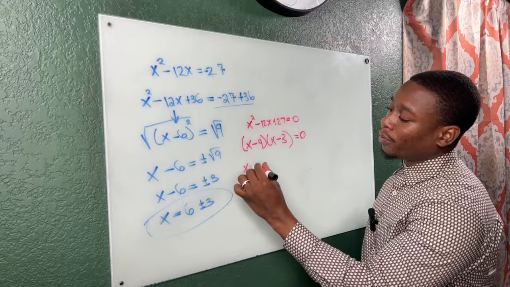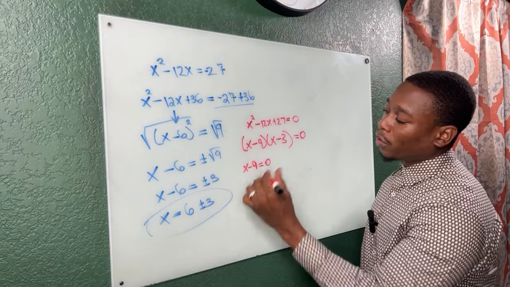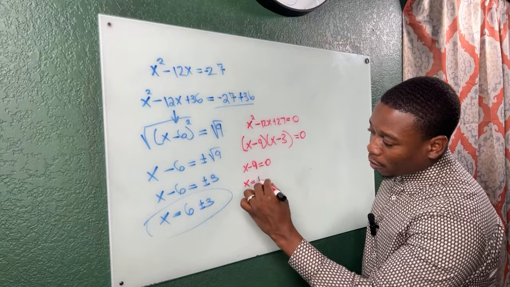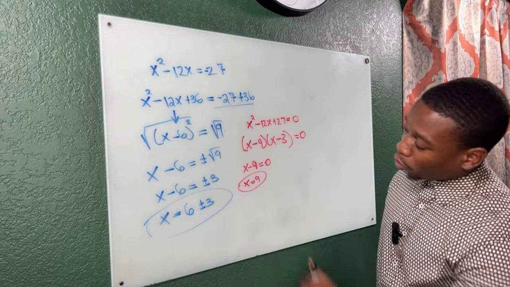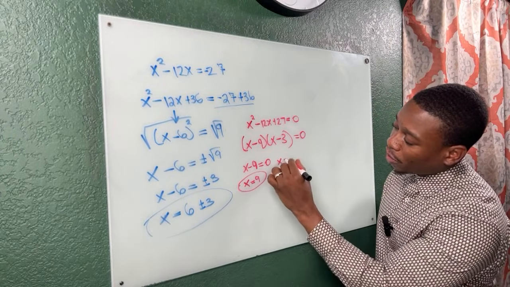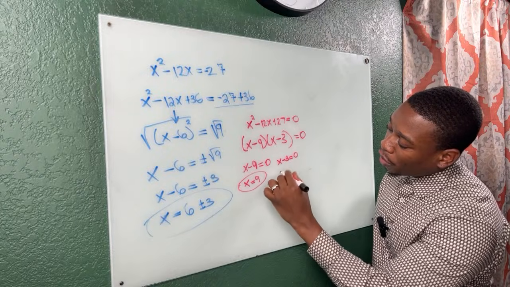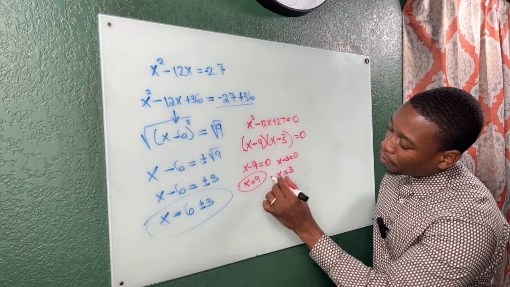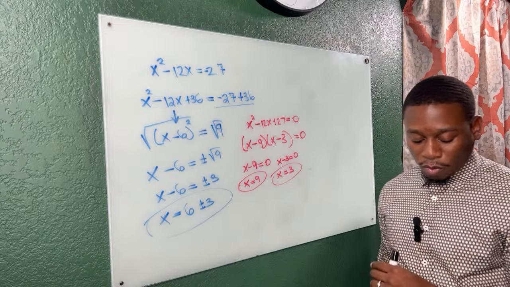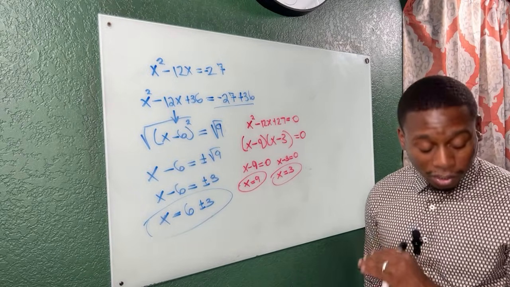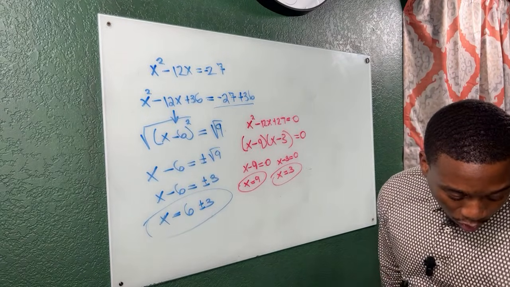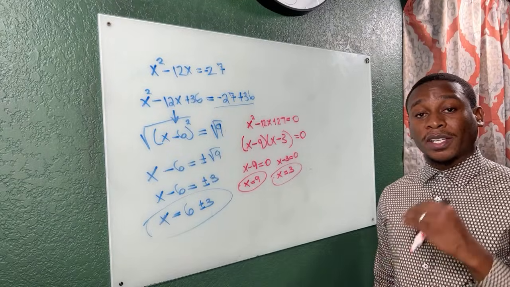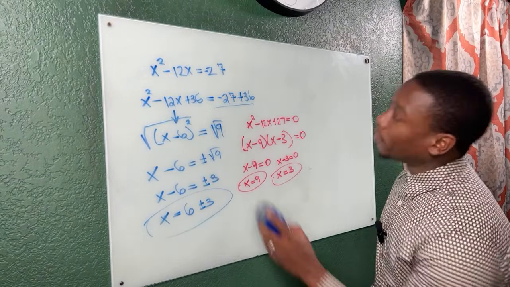So x minus 9 equals 0, so x equals 9. Or if we go to the second one and set it equal to 0, x equals 3. So please remember when we talk about quadratics, family, they're going to give us a whole bunch of different quadratics, and it's best to know more than one way to solve.